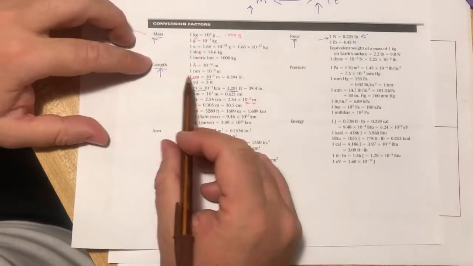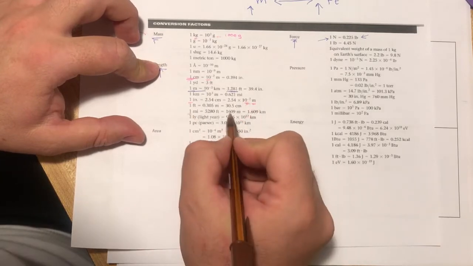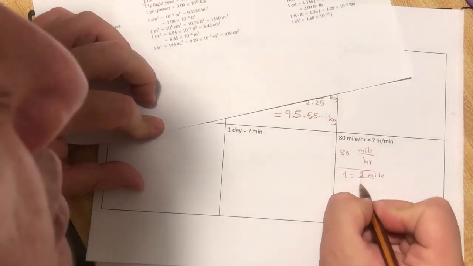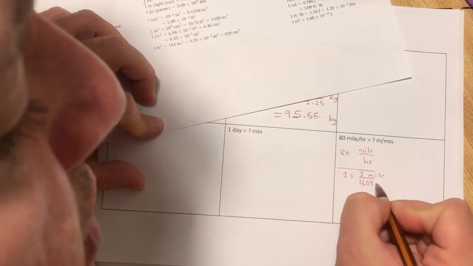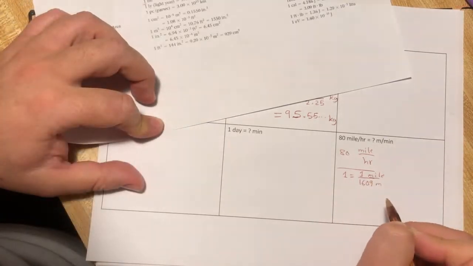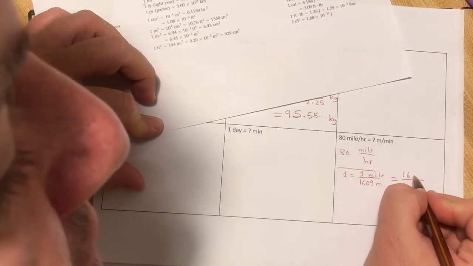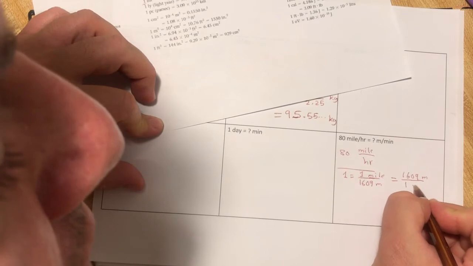Where's the length? This is the length. Where's mile? This is mile, which is equal to 1609 meters, also equal to 1609 meters over 1 mile.